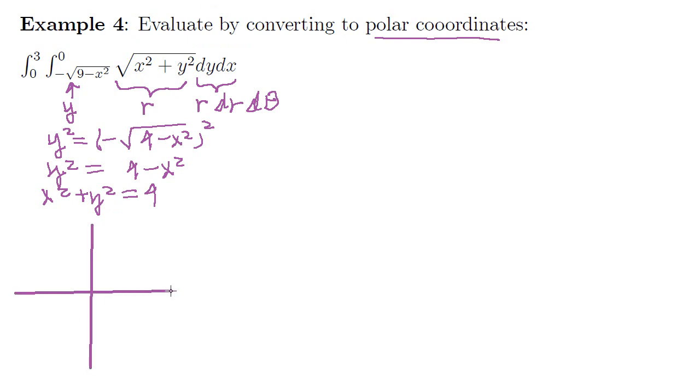So it's x-axis and y-axis. Get our circle of radius 3 going here. And let's see. In rectangular coordinates, we're going from the negative square root, which is the bottom half of the circle, up to 0, which is the x-axis here.